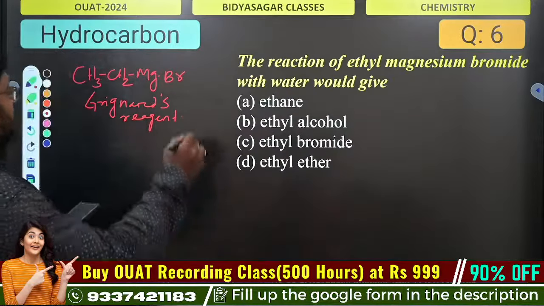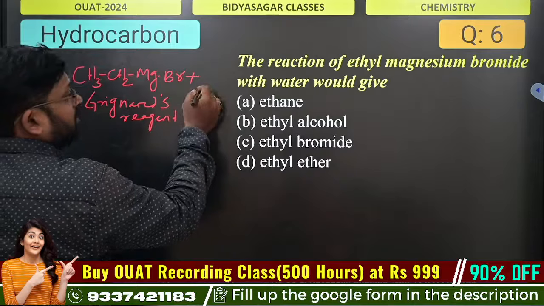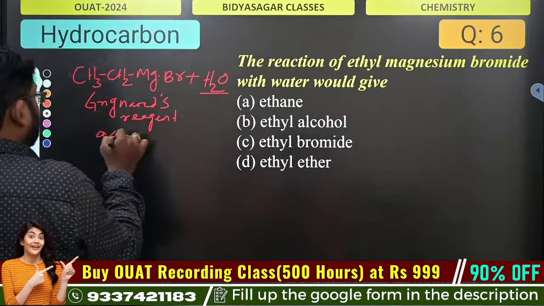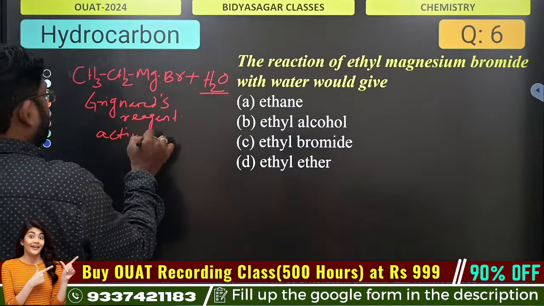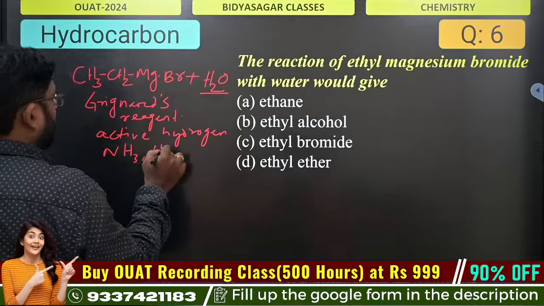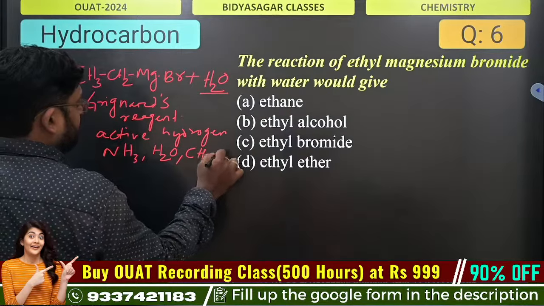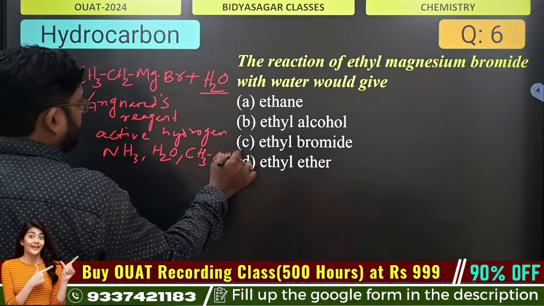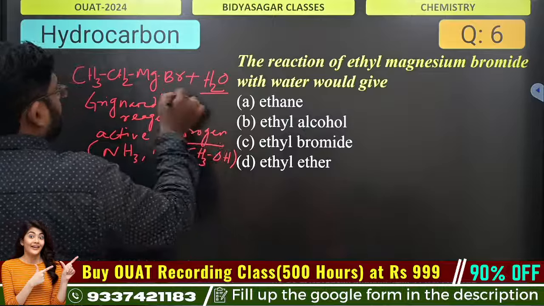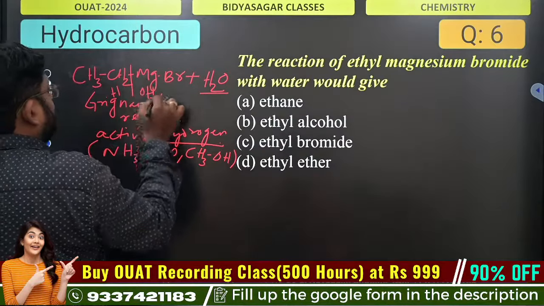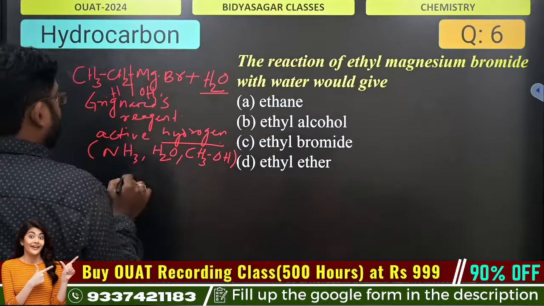Right. So Grignard's reagent, when it reacts with water or molecules with active hydrogen like ammonia, water, ethyl alcohol, CH3OH, all these compounds with active hydrogen, it will react with the alkyl part and give you the corresponding alkane.